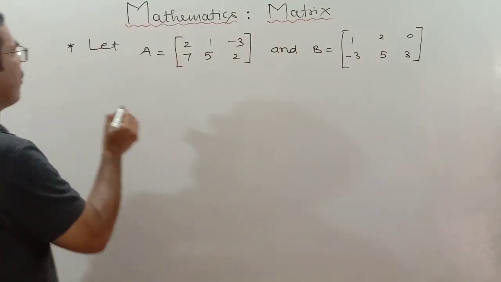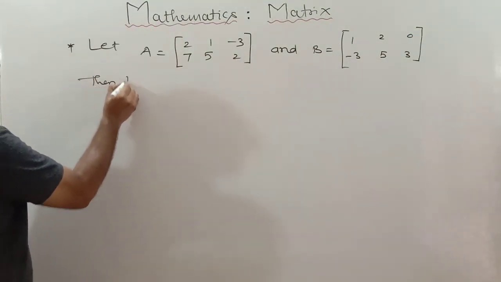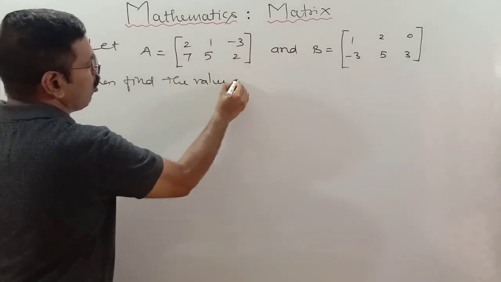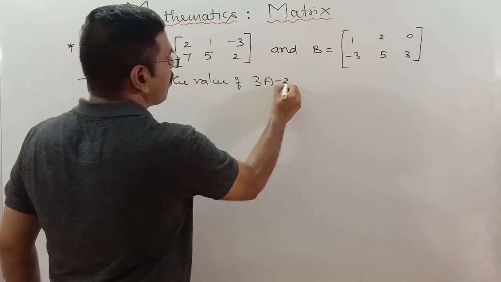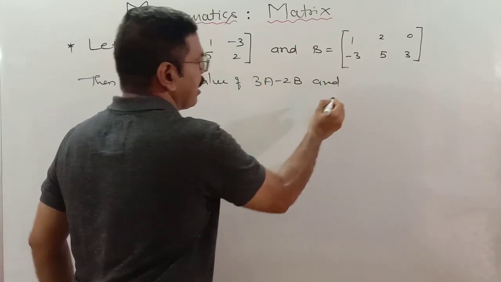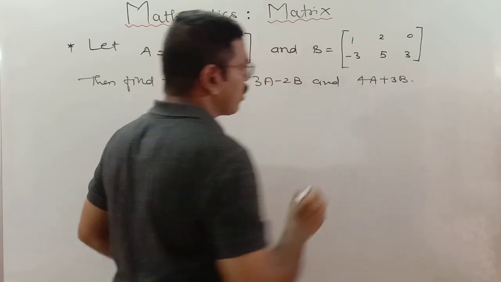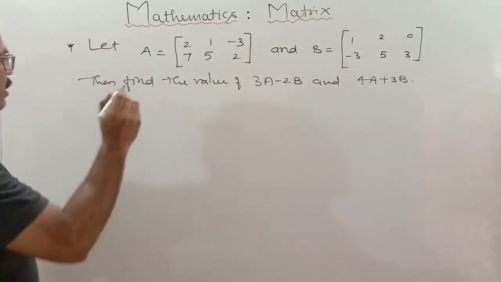Then find the value of 3A minus 2B and 4A plus 3B. Okay, that's very simple, right. Now solution.